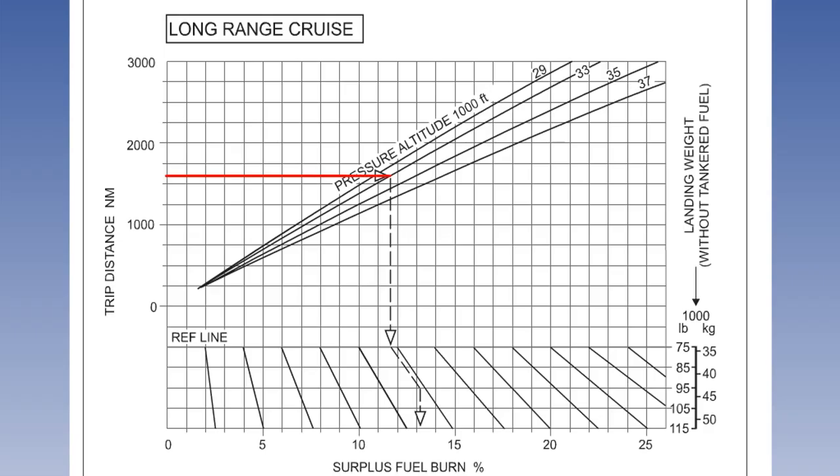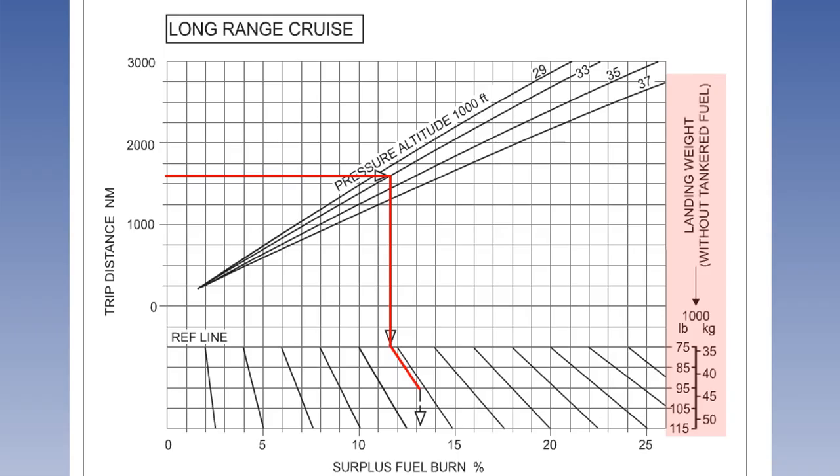Enter the graph at the cruise trip distance of 1,600 nautical air miles and go horizontally to the cruise pressure altitude of 33,000 feet. From here, go vertically down to the reference line. Parallel the trade lines to intercept the landing weight without tankered fuel, which is estimated to be 95,000 pounds.